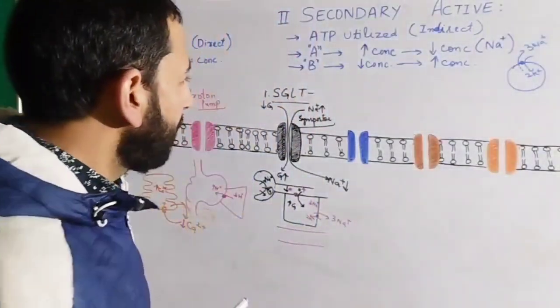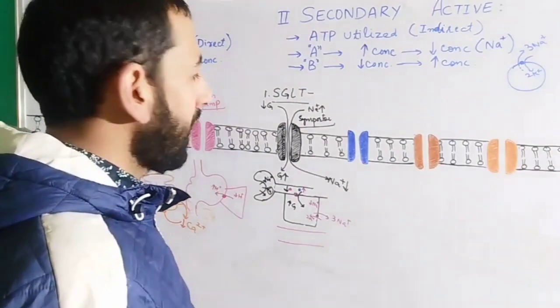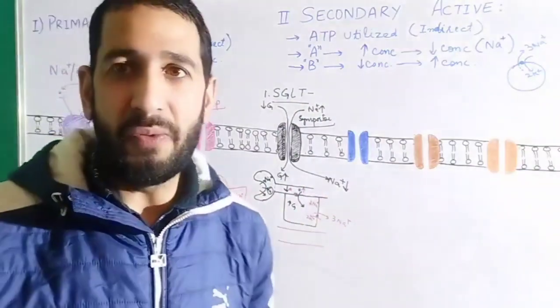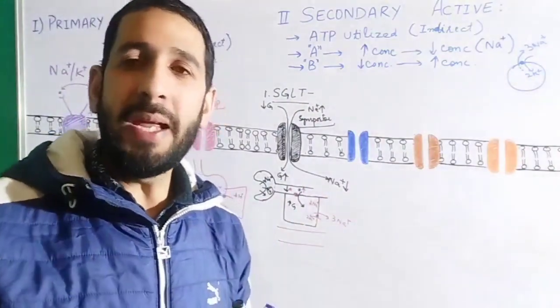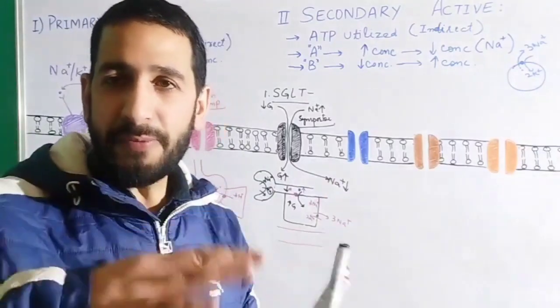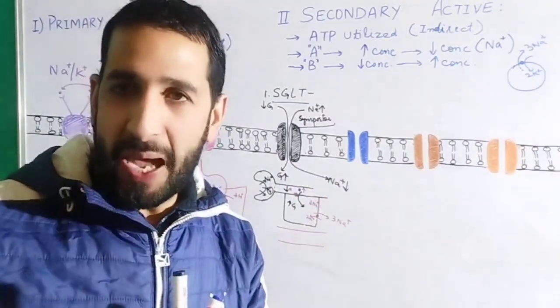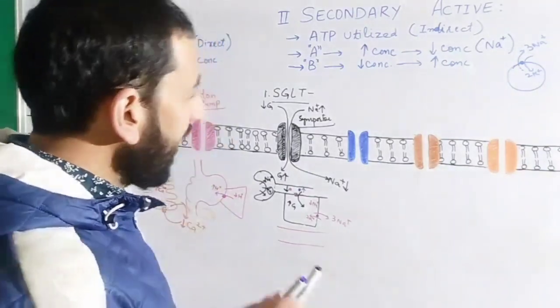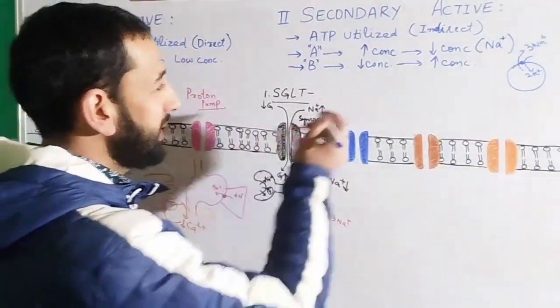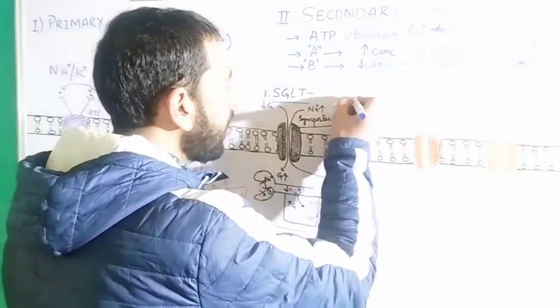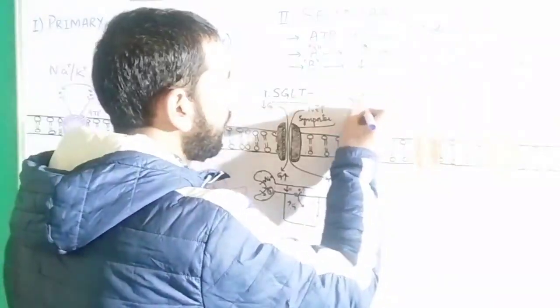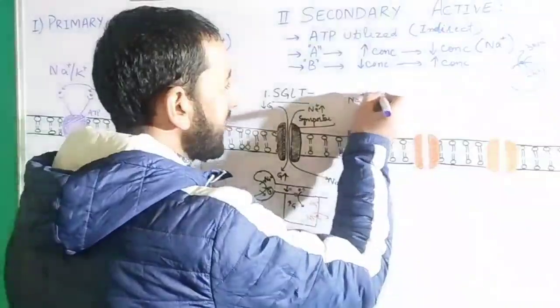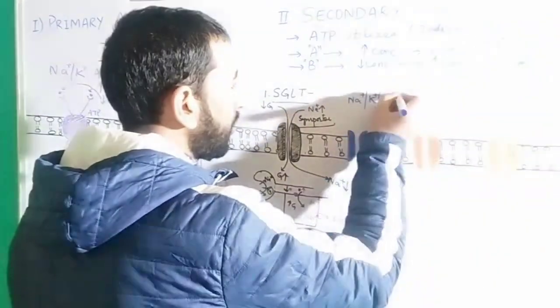Right. Now, the second example we are going to talk about is again there in the nephron. So in the nephron we have another part. After the proximal convoluted tubule, we have the loop of Henle. And in the loop of Henle, we have a special transporter protein called the sodium potassium 2-chloride co-transporter.